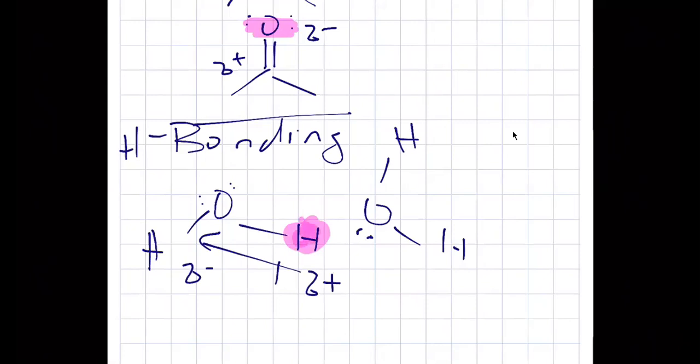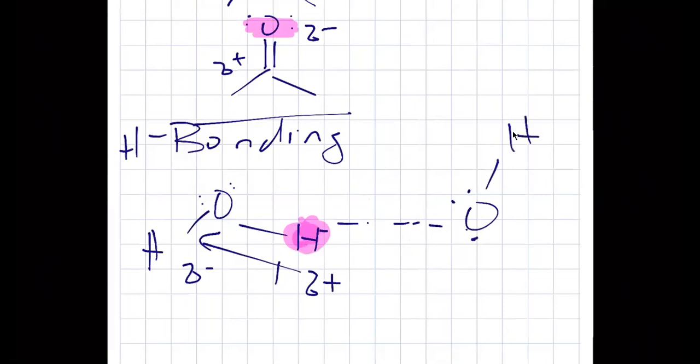Right, so that lone pair, let me redraw this to make it make more sense. That lone pair on that other oxygen, you're going to have an interaction between it and the hydrogen. So that's the essence of hydrogen bonding. You'll have a lone pair on an atom that's attracted to a partially positive hydrogen on another atom.